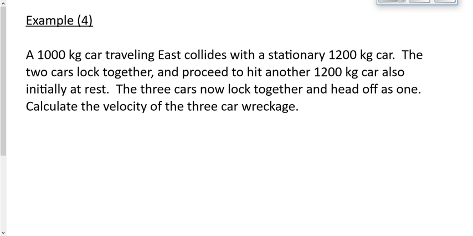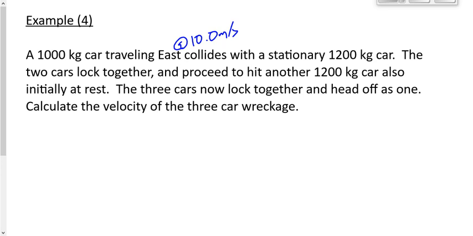Last example of this topic, we'll finish this off here today and start something new tomorrow. Number 4, last one on your sheet, says a 1,000 kilogram car traveling east, this should say, by the way, at 10 meters per second, collides with a stationary 1,200 kilogram car.